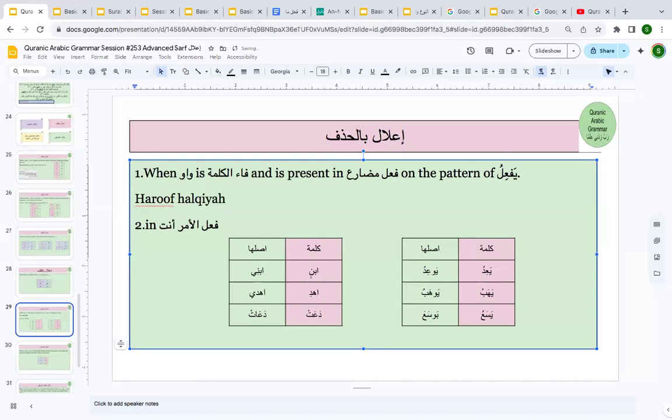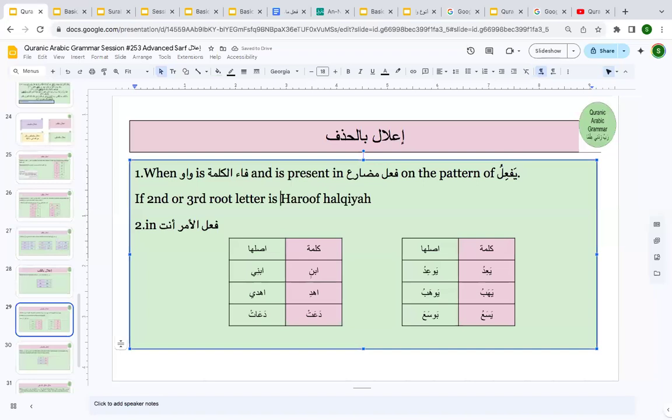If the second or third root letter is haruf halqiya. Is this clear to all of you?